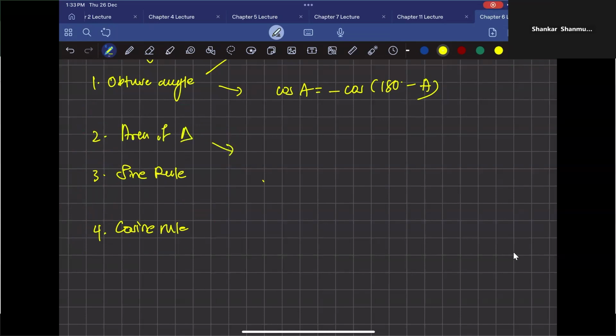For the area of a triangle formula, it is half ab sine C. You use this when you don't know the height.